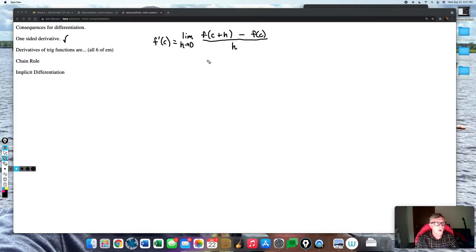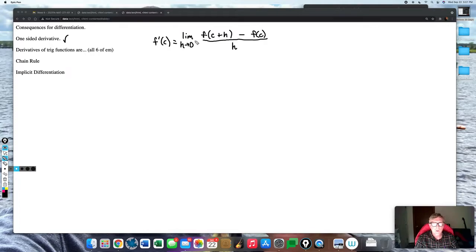A one-sided derivative takes either the c value or the h value from one side. So maybe instead of using negative h's that are less than c, we have to use h's that are greater than c, or that kind of thing.